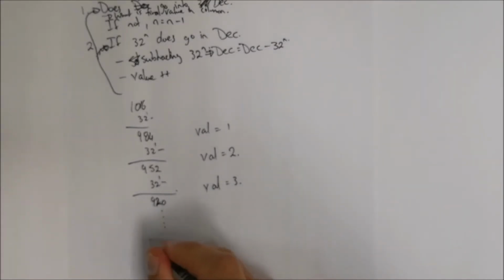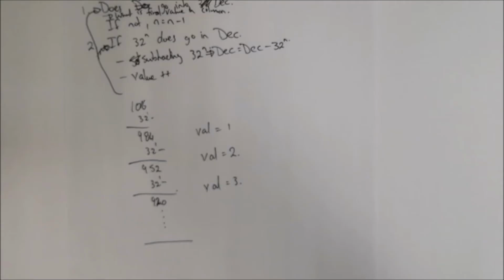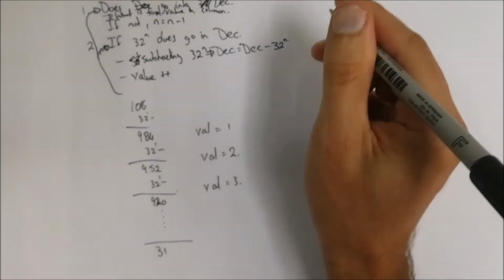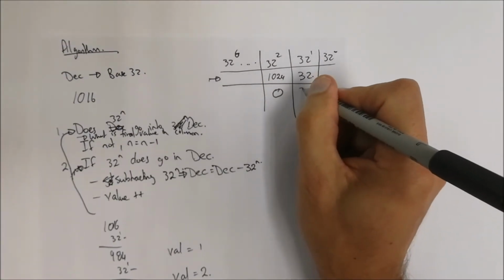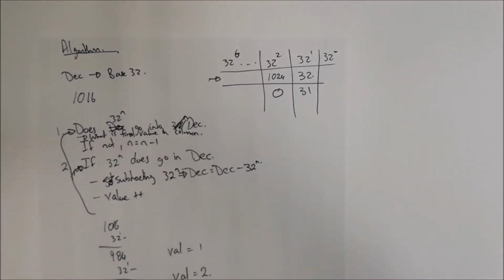And you'll find that eventually, if you actually look at how many times 32 goes into 1016, it is 31 times. So we can indicate over here it goes in 31 times.